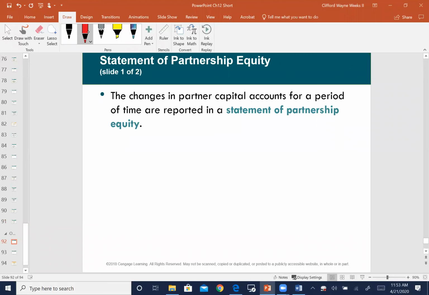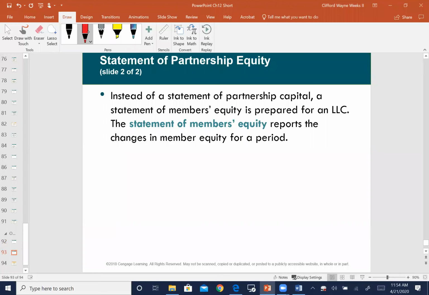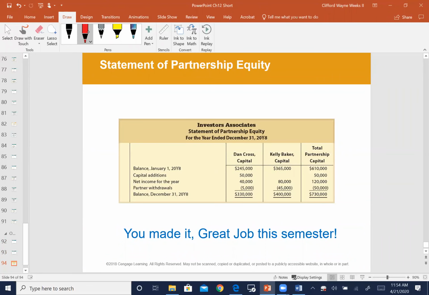And so, how do we report this? The changes in partners' capital accounts are going to look just like the owner's equity statement that we talked about for the sole proprietor, except now instead of having one person, one capital account, we have multiple capital accounts. This is just a statement of partnership equity, like owner's equity. If it was an LLC, it would be members' equity.